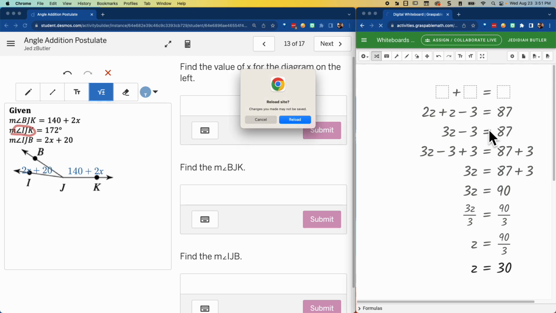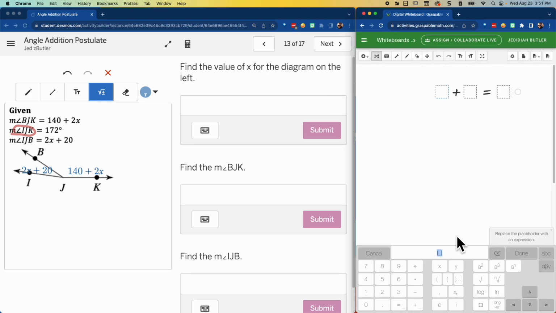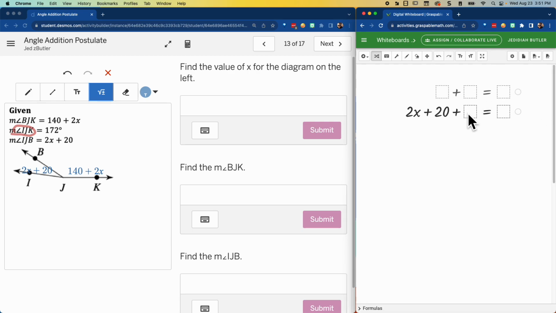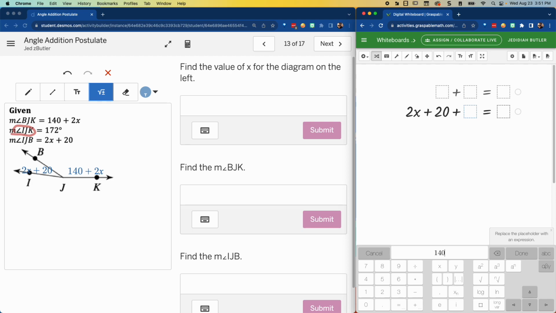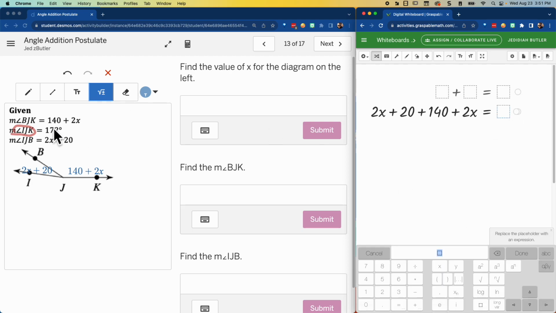Let's refresh this page so it starts over. I have 2x plus 20. And then my second part is 140 plus 2x. And together, those make the total, which is 172.